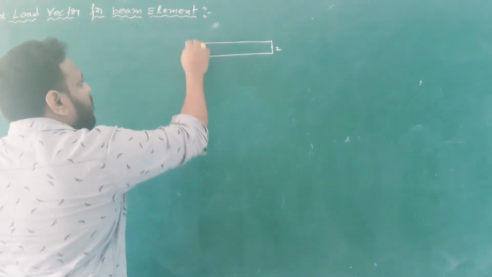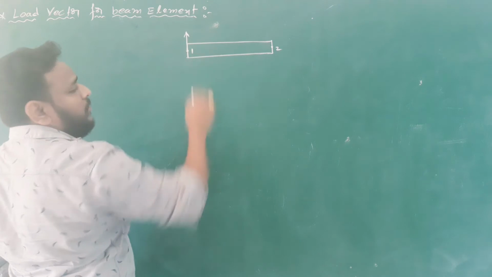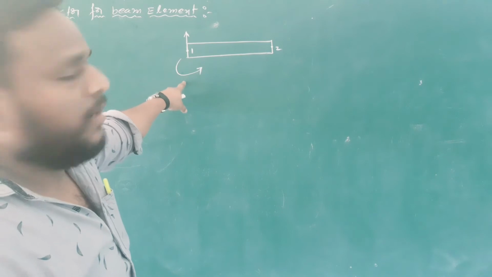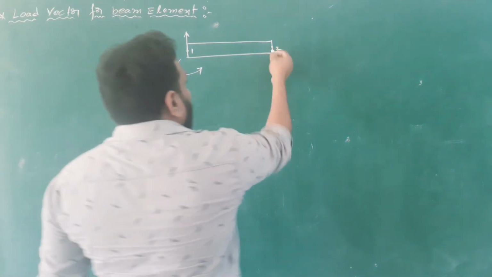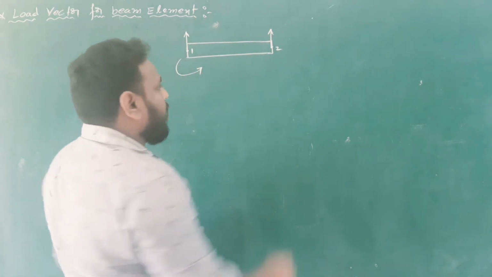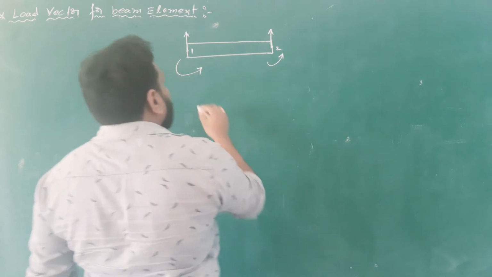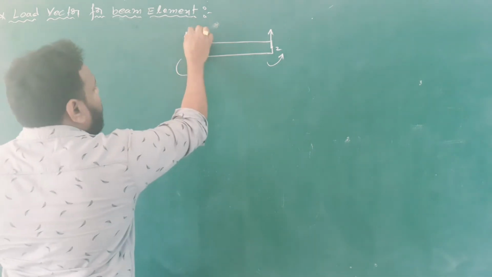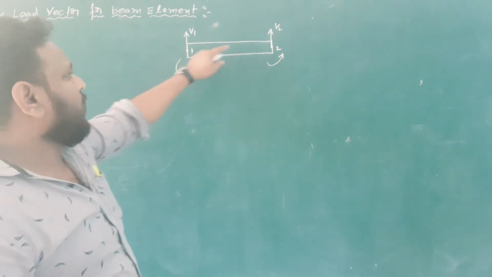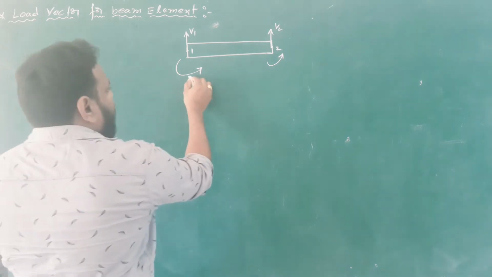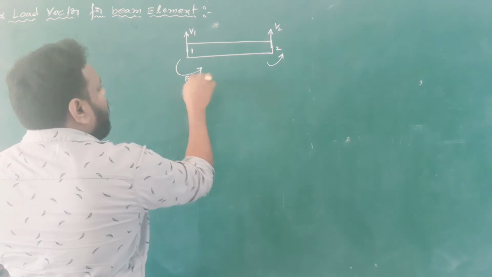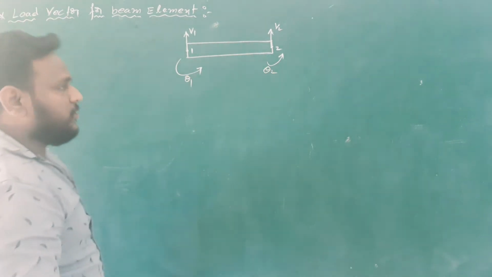One is linear and another one is angular. Here also, at node 2, there are two displacements, one linear and one angular. The linear displacements are V1 and V2, and the slopes, that is the angular displacements, are theta 1 and theta 2.